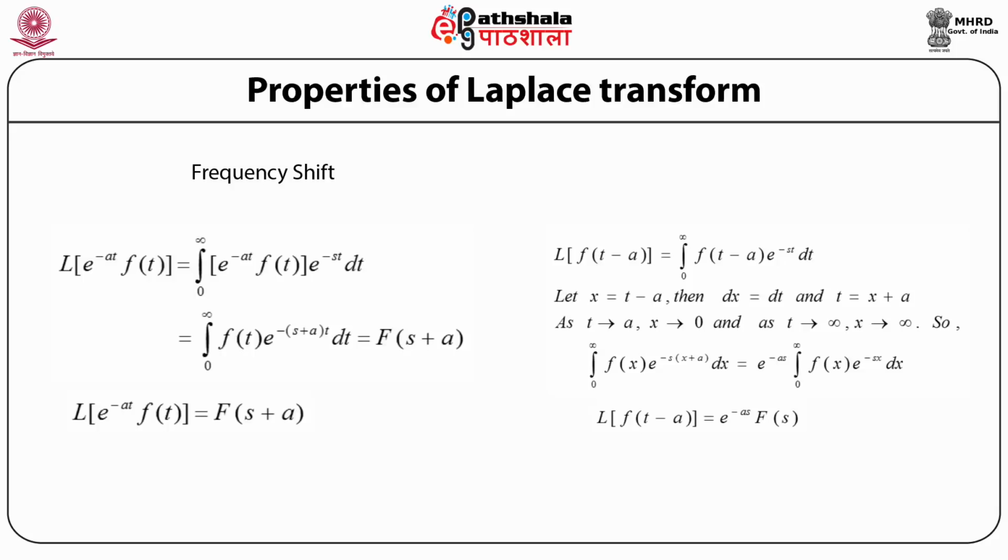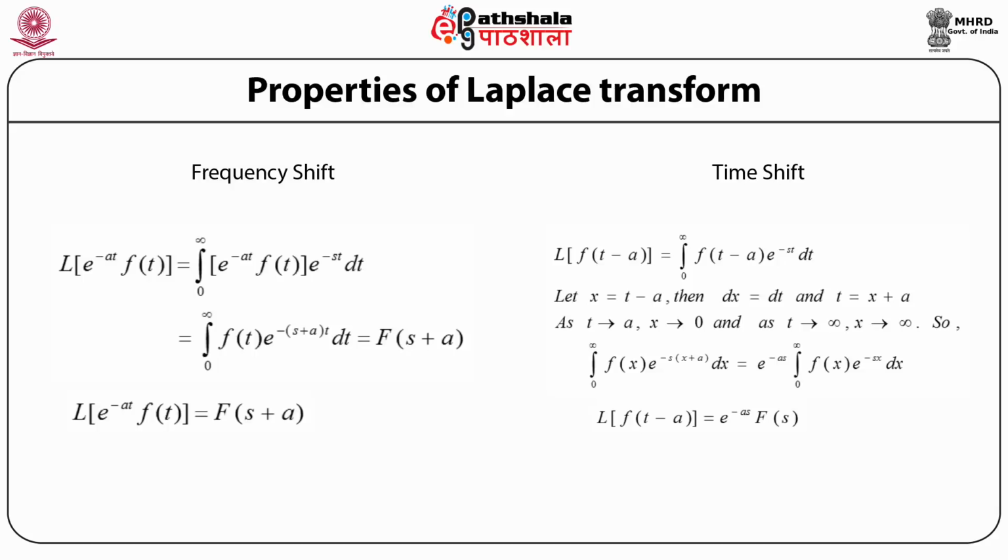What is a time shift? A time shift means you shift time t by a constant a. How does it change? The Laplace of f of t minus a is equal to the integral of f of t minus a times e power minus st dt, integrated between 0 and infinity.